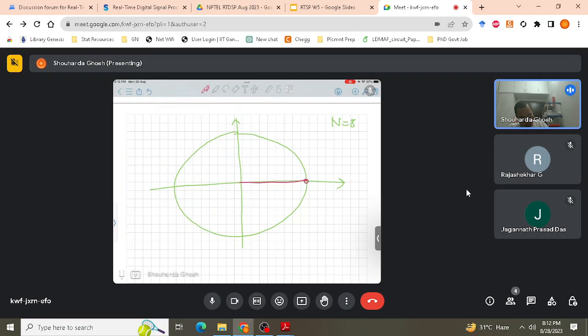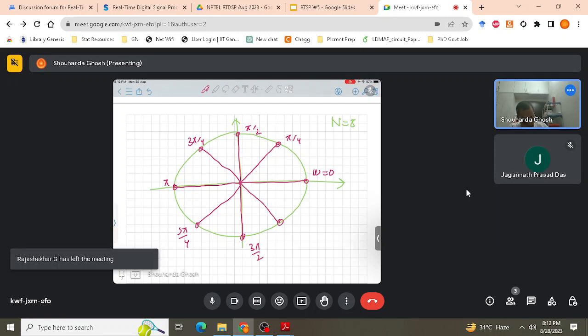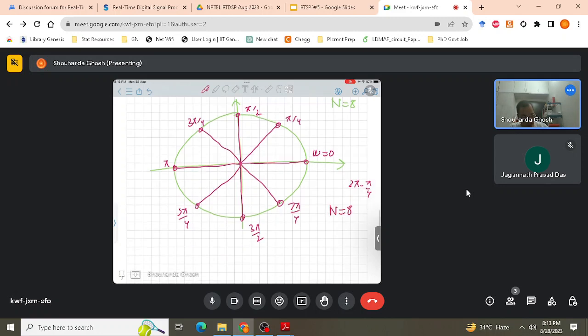We start with omega equal to 0, omega equal to pi by 4, omega equal to pi by 2, 3 pi by 4, pi, then this is 5 pi by 4, 3 pi by 2, then how much is this? 2 pi minus pi by 4, that's 7 pi by 4, and then back. You evaluate at these 8 points only. So this is an N equal to 8 point DFT, discrete Fourier transform.